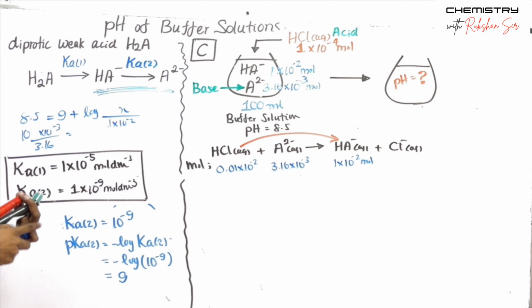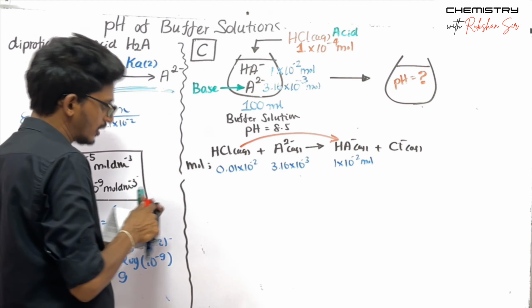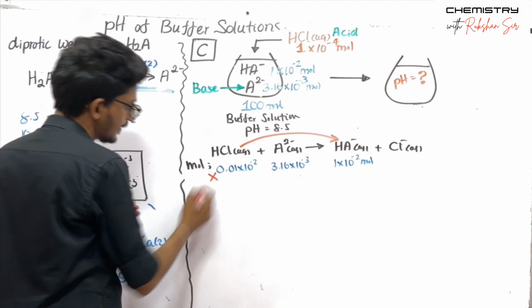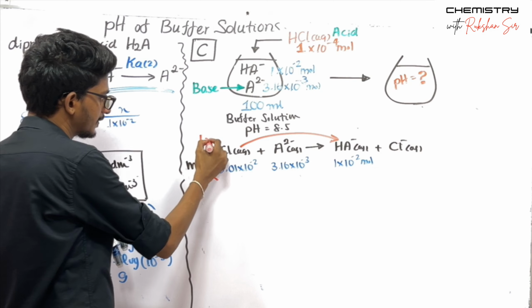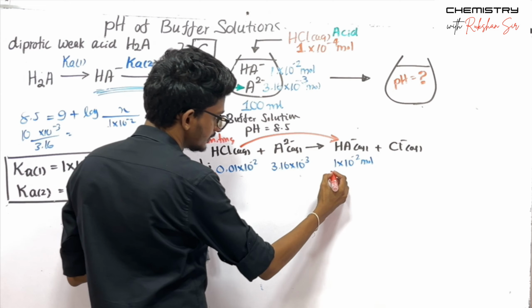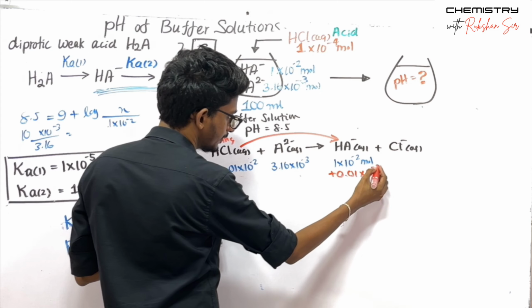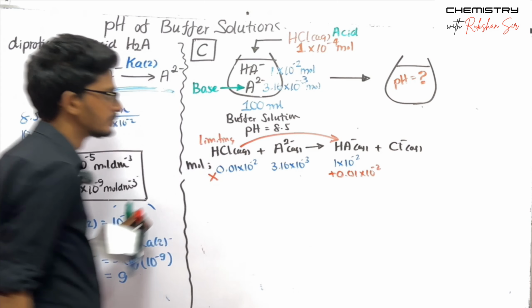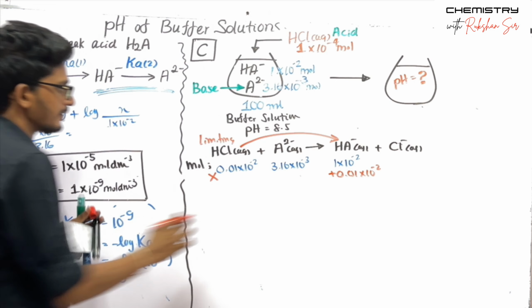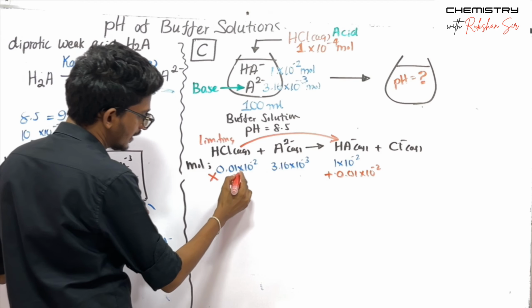So that will be added to this one. This will be totally converted as it is the limiting reagent, and 0.01 into 10 to the minus 2 will be added to this one, and from the excess reagent it will be deducted.